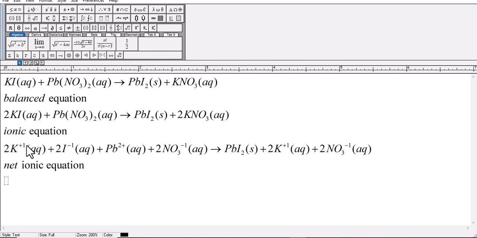So remember what we do. We look from the left, that which did not change as a reactant and also as a product. So I'm going to get rid of this, get rid of that. I'm going to leave this, I'm going to leave that, but I'm going to get rid of this and also of that. So what is left on this side?